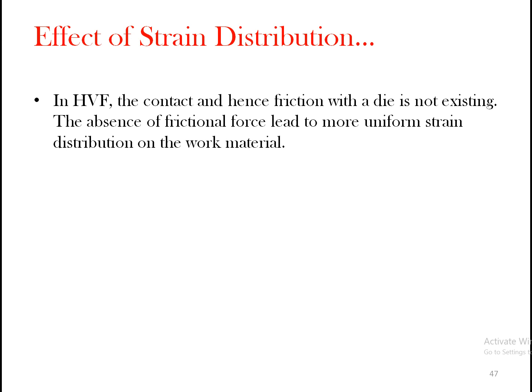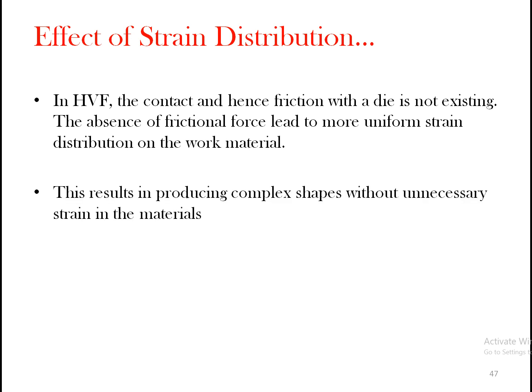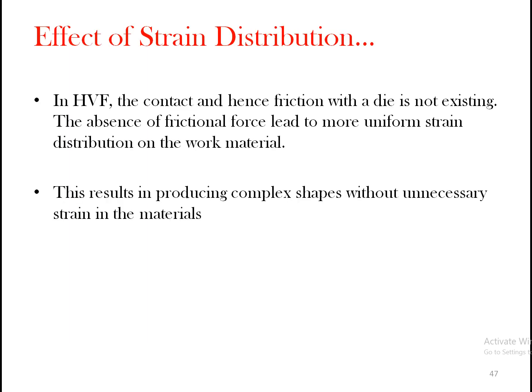Only the stress waves come in contact. The strain distribution is almost uniform in the case of high velocity forming. Because of this, you can produce many complex shapes without unnecessary strain in the material.